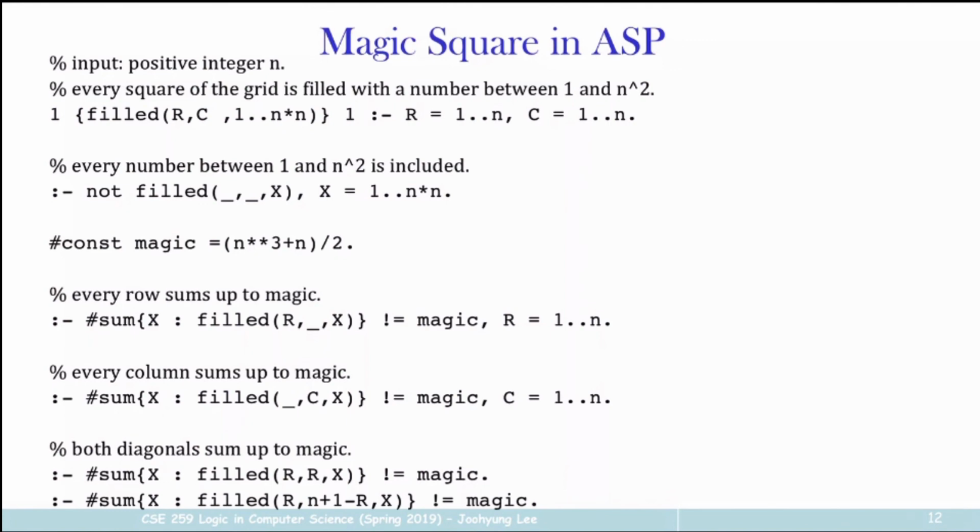So that's it. The first 2 rules are exactly the same as number snake: we put the numbers from 1 to n squared into an n by n grid. But for this magic square problem, we are summing over all the rows, all the columns, and the 2 diagonals. That sum should always equal the magic constant. If it's not, then it violates the constraint. And that's it.